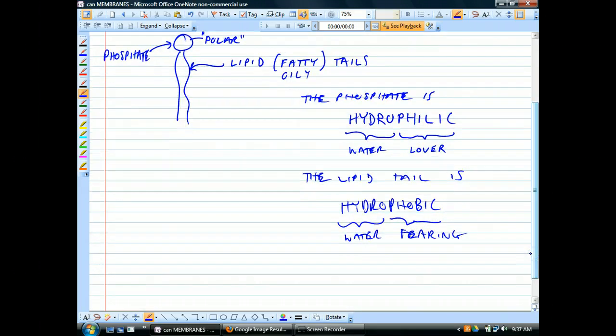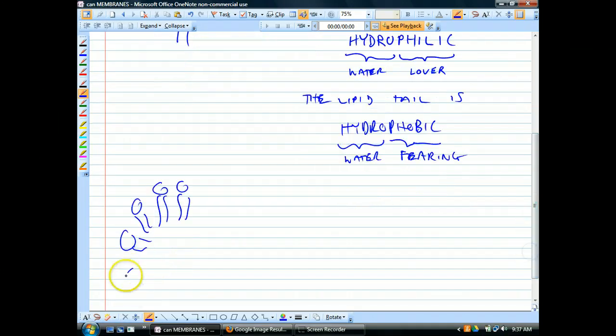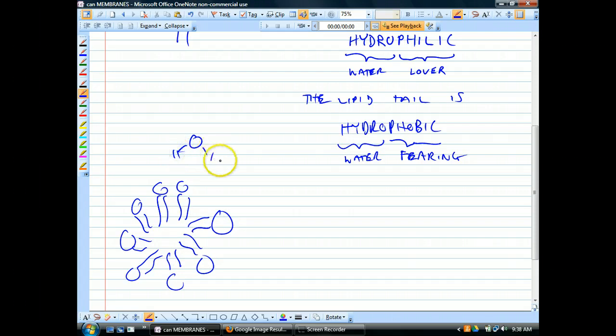So what happens when you put a bunch of these in water? If I had a bunch of phospholipid in a bottle and I poured it into water, it would naturally do this. It would form little things like this, where all of the tails would go toward each other, because out here would be the water.